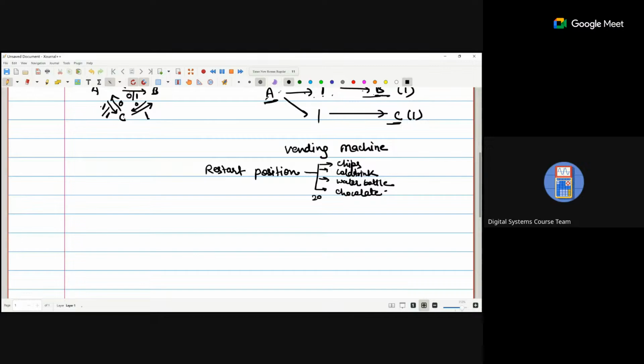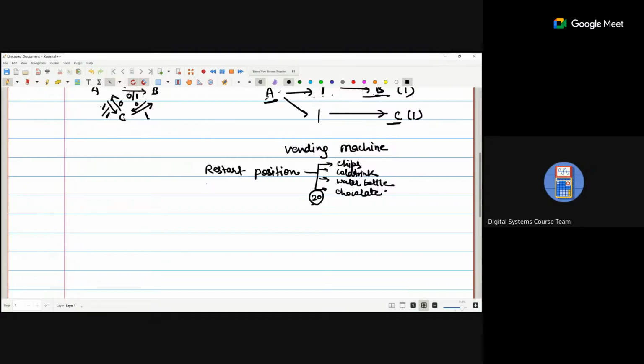Now, if I put in a coin of 20 rupees, what comes out could be either chips, cold drink, water bottle, or chocolate. So it is confusing.